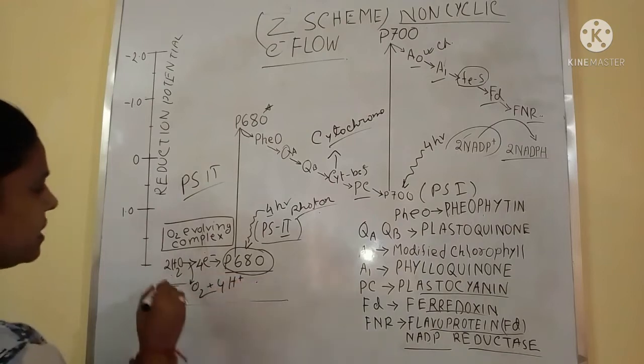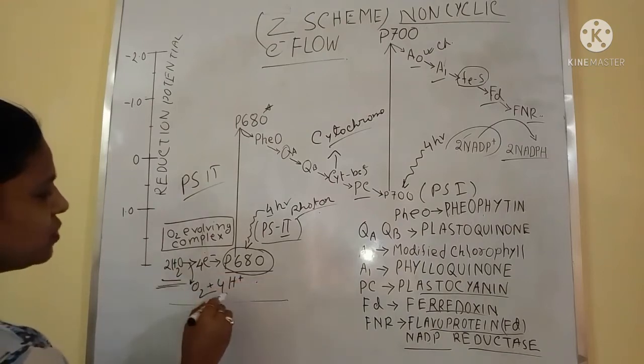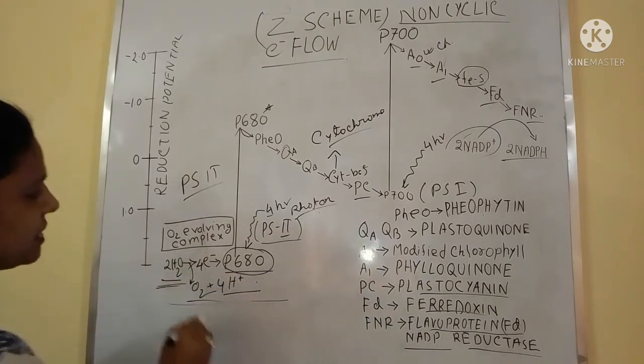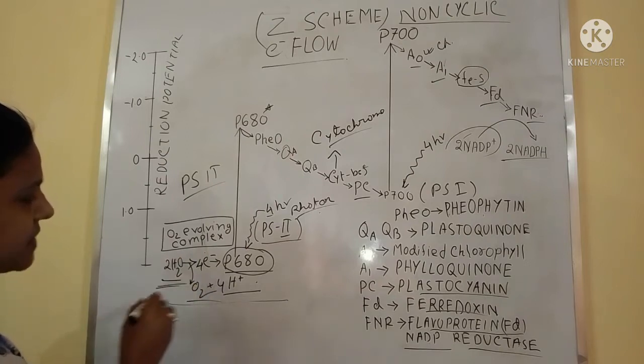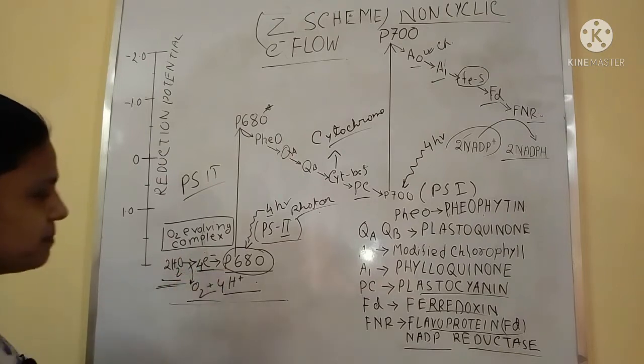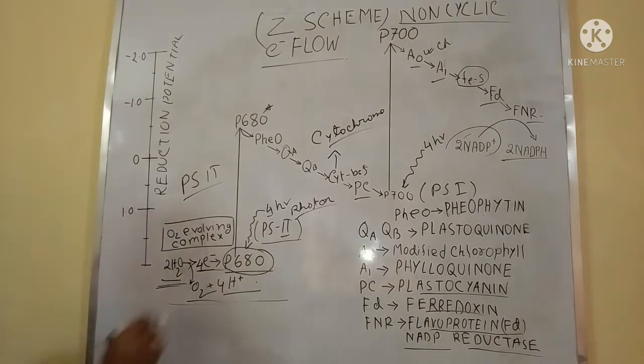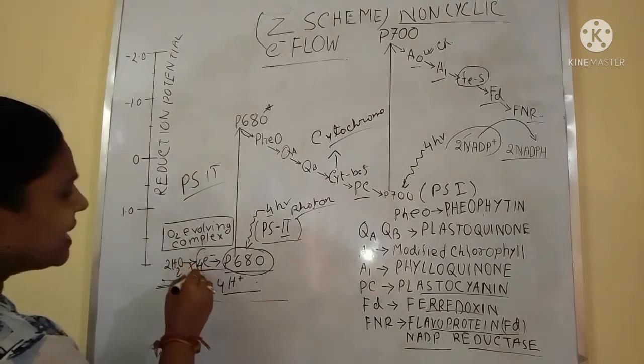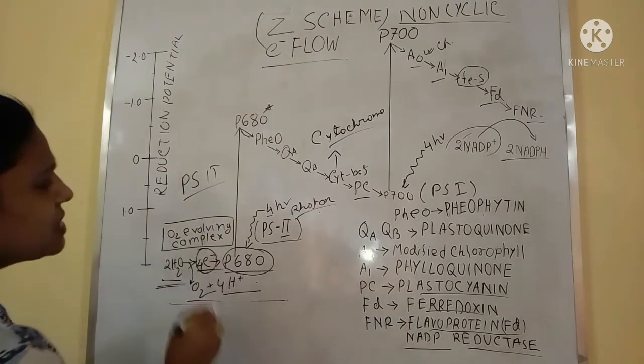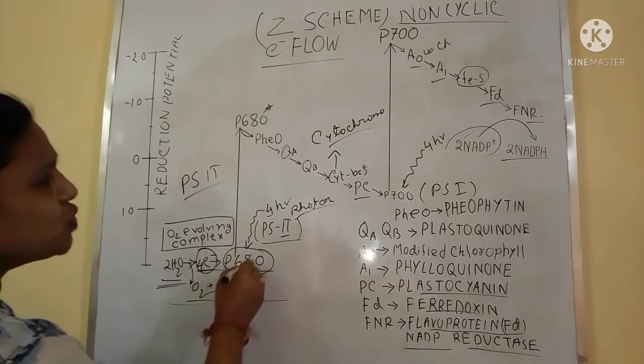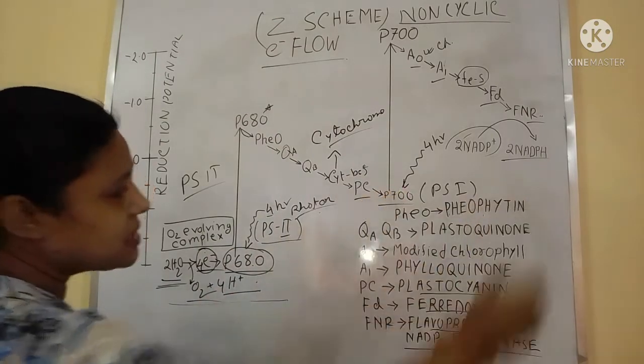And what happens here? H2O breaks into H plus, oxygen, which is the byproduct and comes out, and 4 electrons. These 4 electrons transfer from PS2 to the PS1 system.